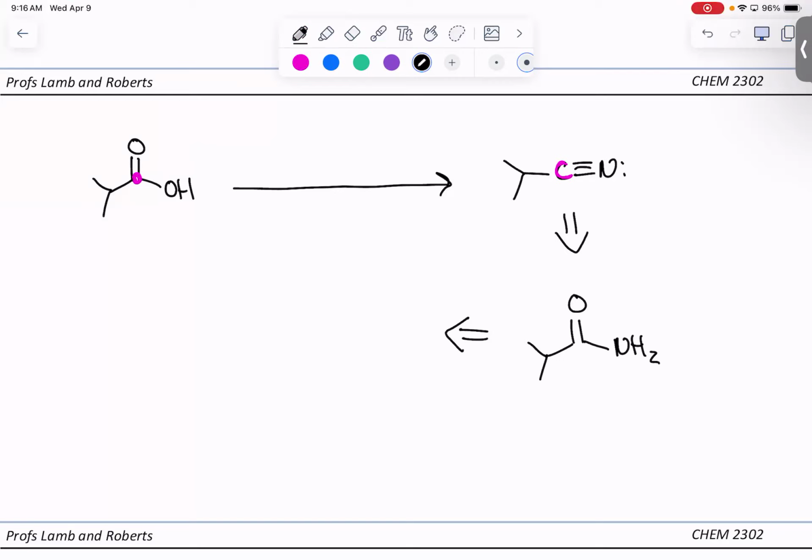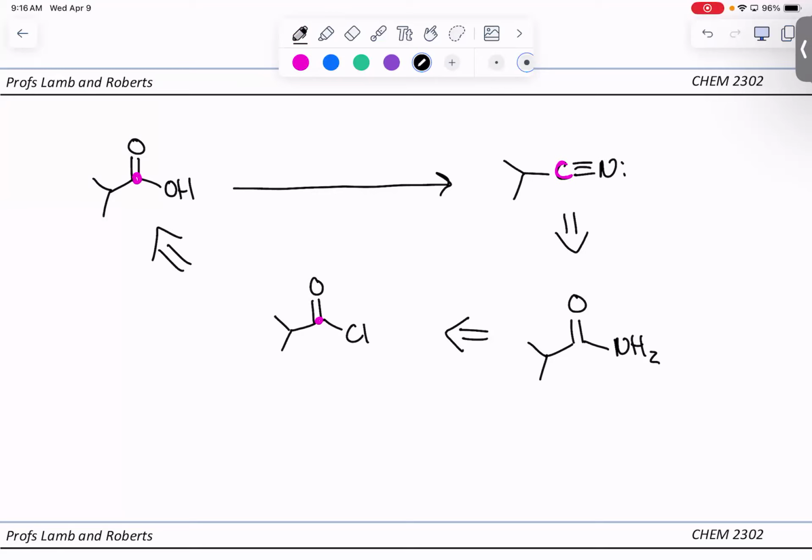We need to go through something that's a little bit more reactive. And so what if we went through, for example, an acid chloride? We remember Professor Lamb taught you the scale of reactivity. Acid chlorides are very reactive and they can make amides. And so we could get there through this retrosynthetic route.